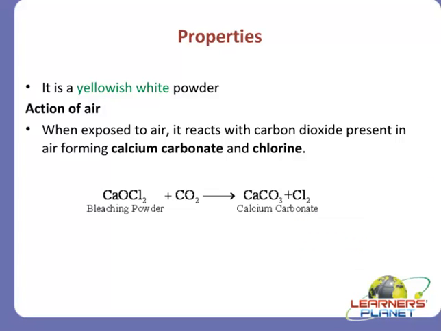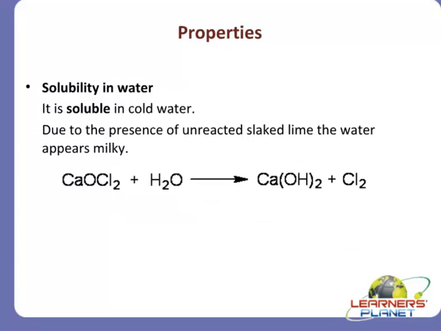Clear? Let's see a few more properties of this, that is solubility in water. This bleaching powder is soluble in cold water, right? That's why it is used for bleaching. Due to the presence of unreacted slaked lime, the water appears milky. How is this slaked lime formed?